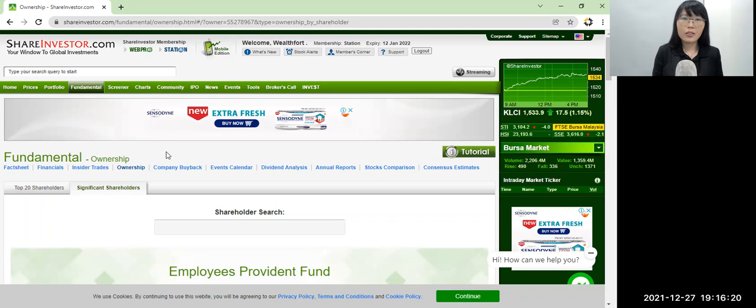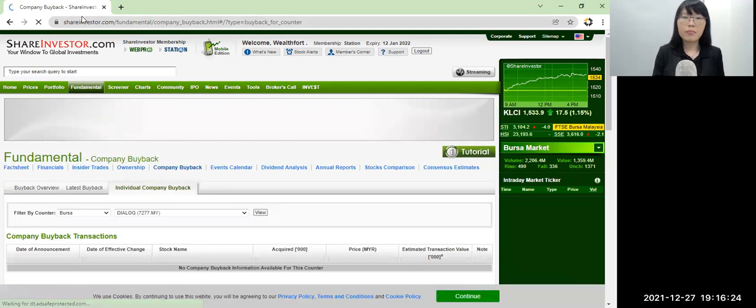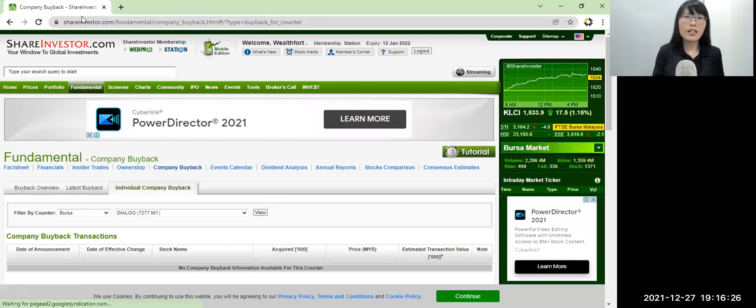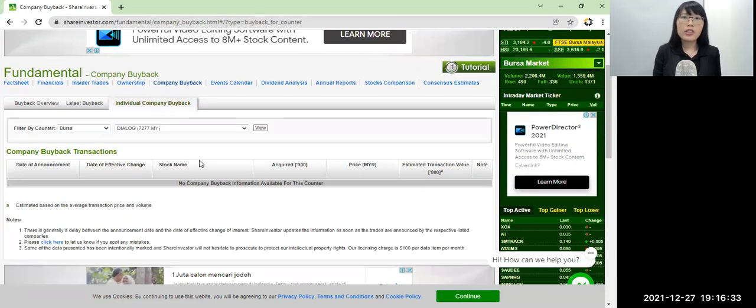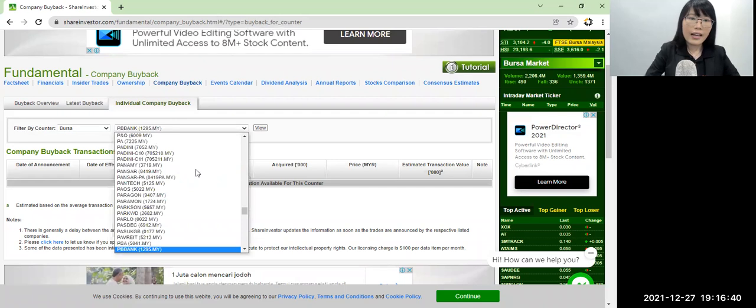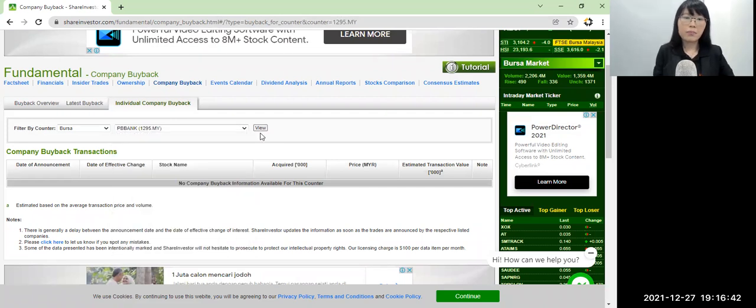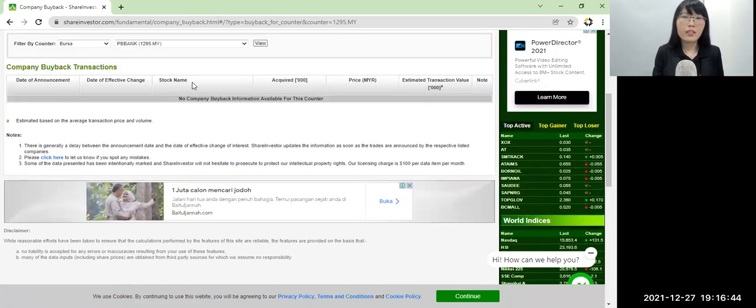So now let's go to the next one, company share buyback. You can find which company has done a share buyback. For example, just now we talked about Public Bank. So we can go back to Public Bank and then select view. You know that Public Bank doesn't have any share buyback.